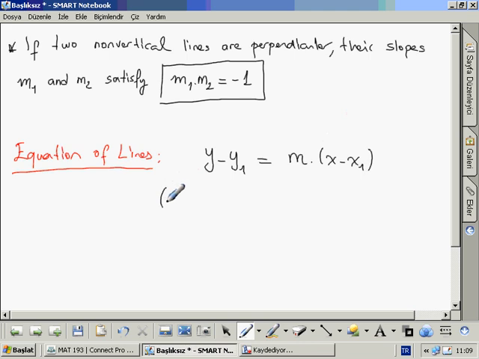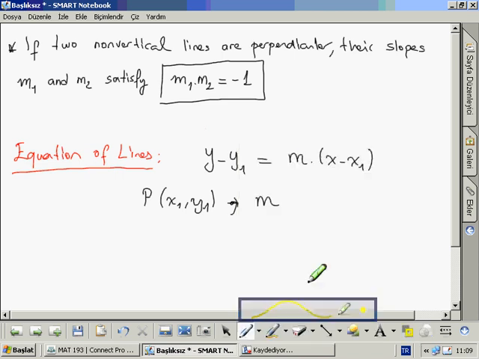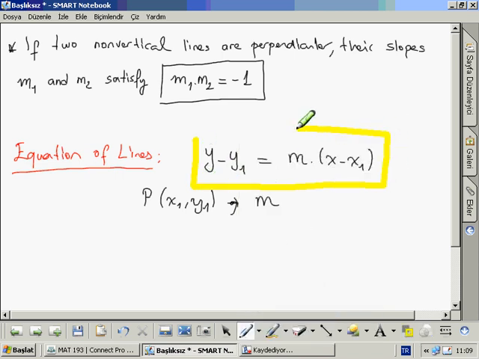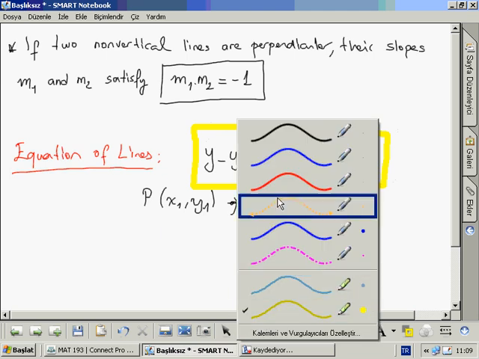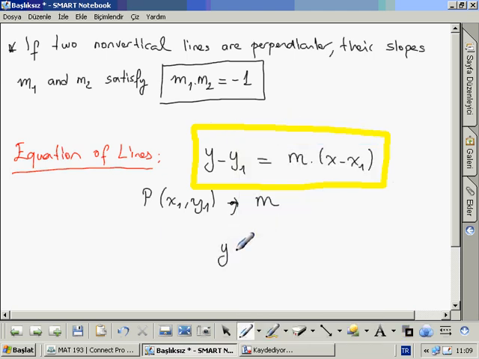Don't forget, if we know the slope and a point, you can write the equation of the line using any point and the slope. Or you can also write this equation as y equals m times (x minus x1) plus y1.